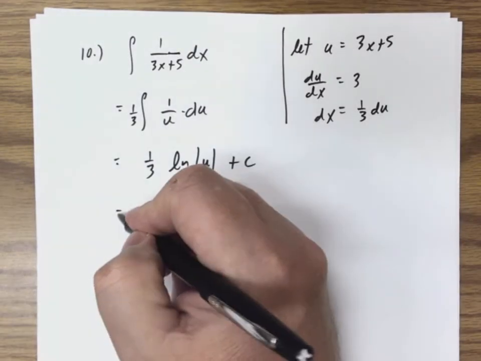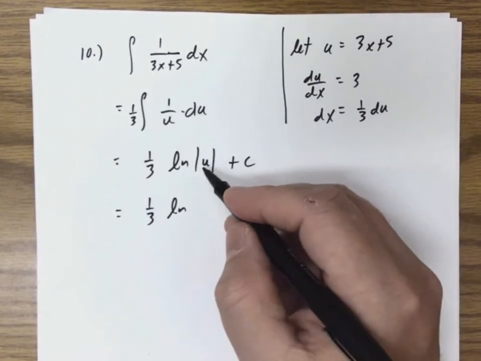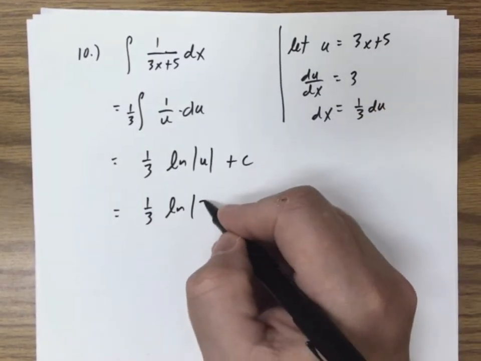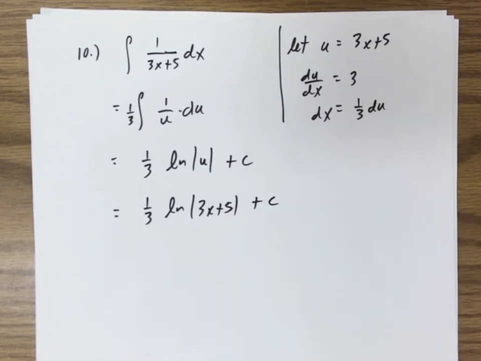And now the final step is to switch back to x's, so u is 3x plus 5. And there you go.